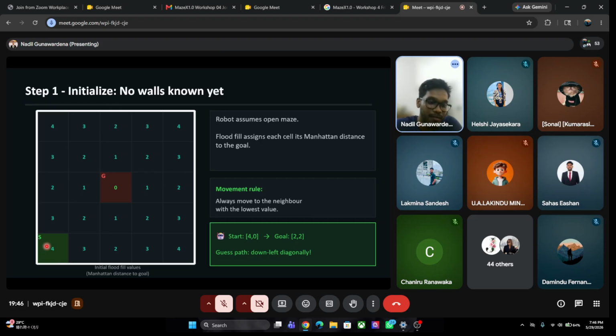Then when it is in 3, it needs to go to the 2 cell, and if it is in the 2 cell, it knows now I need to go to cell number 1. Likewise, it knows which path to move on. So either it moves in this path or in this path. That's all up to you.